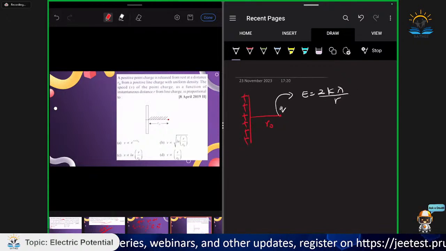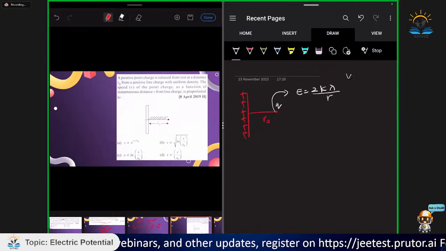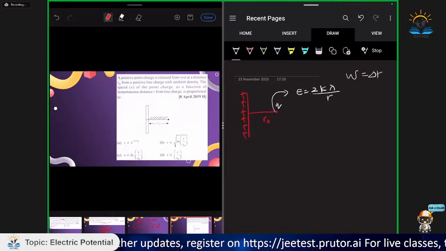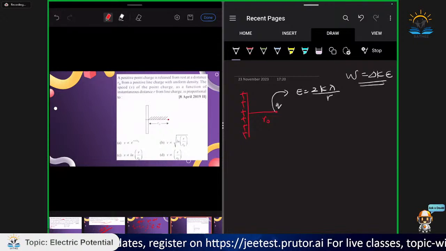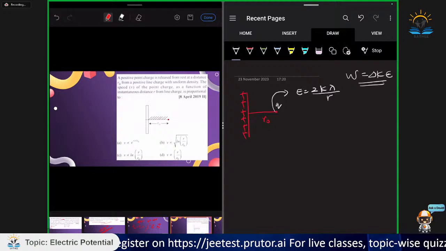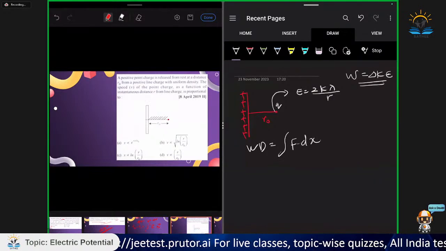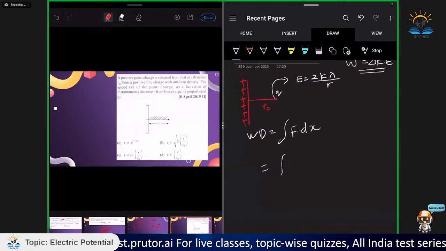From the work energy theorem, we know that work done is equal to change in kinetic energy. Here work done will be integral F dx. What is the force?